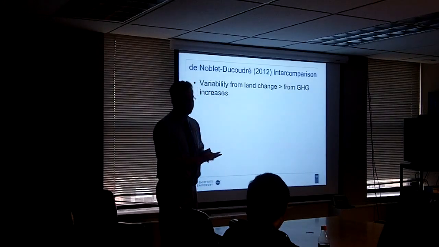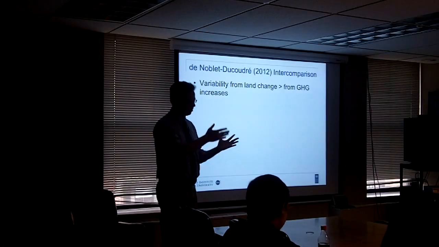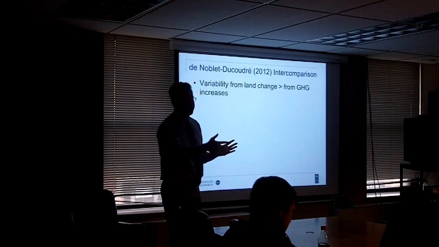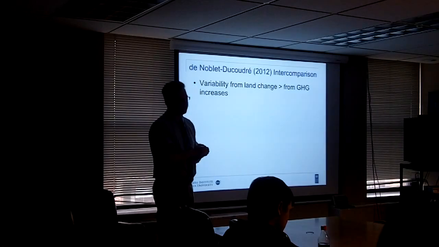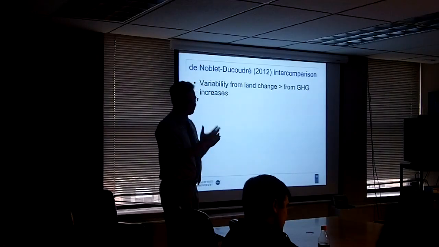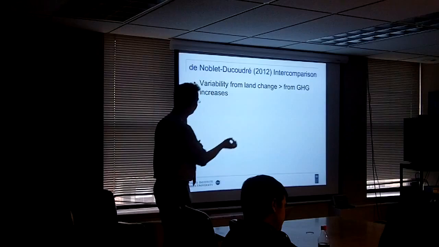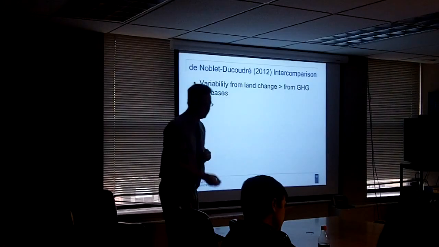There's a greater variability in how the land surface is treated. Whether you break your grid cell into tiles of different vegetation types, and then how you treat your soil column, that becomes important. So all of these different ways of representing the land surface end up leading to significant variability from land change.